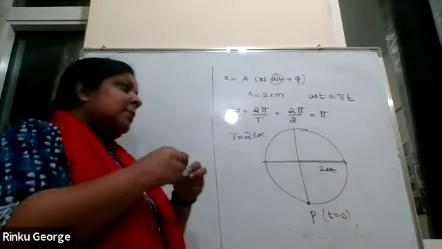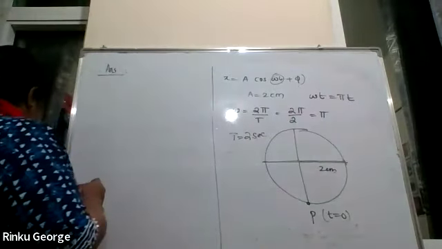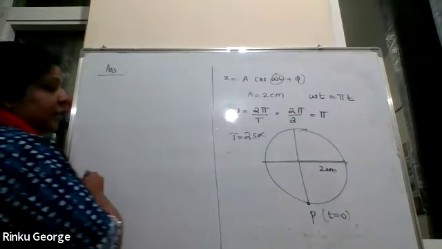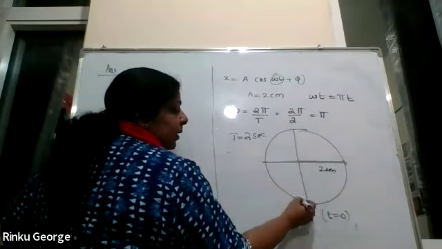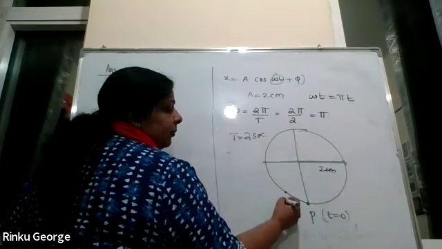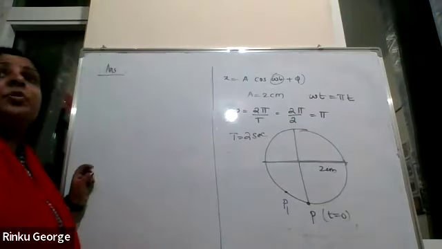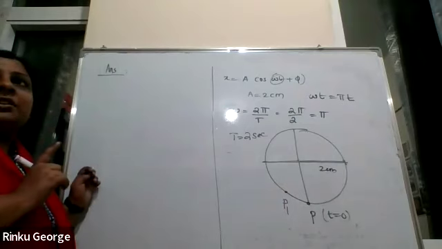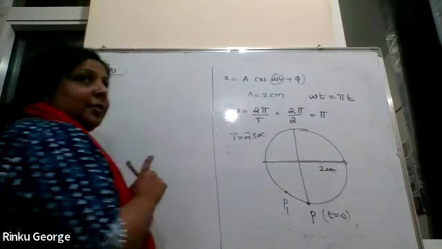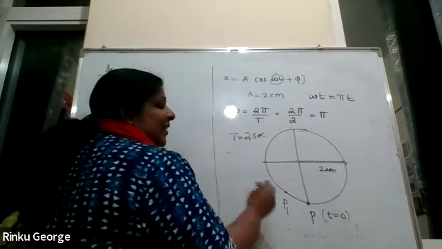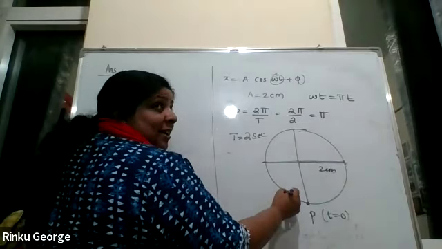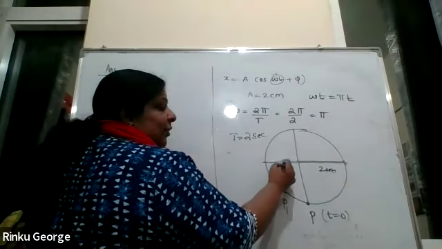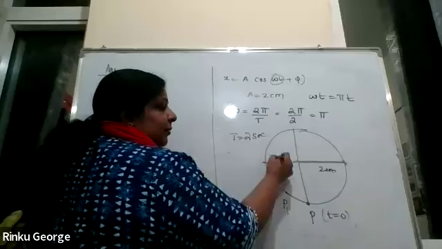For that I am assuming this particle moves from P to a point P1. What will be the projection? The projection of P1 will be P1 dash here.